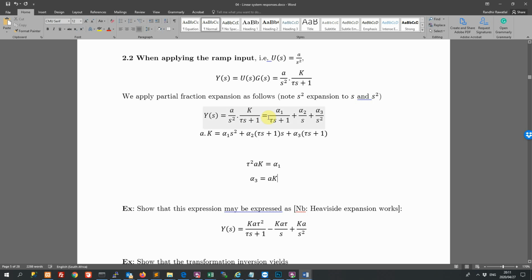And once more, we are free to propose such a thing, right? We don't, in principle, have from our algebra that we can expand it like this, but we can propose, well, what must these alphas be such that this is true? And by cleverly choosing these specific denominators, it turns out that such an expression does exist.